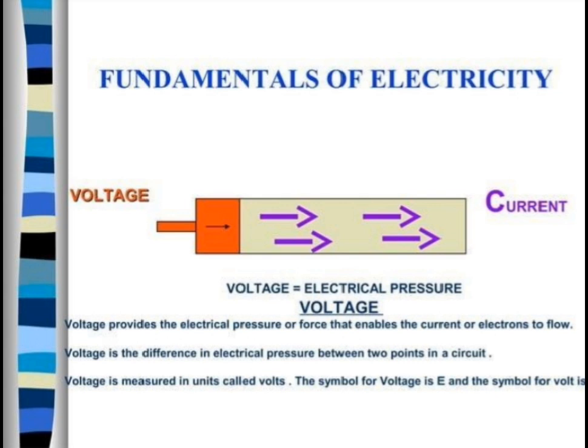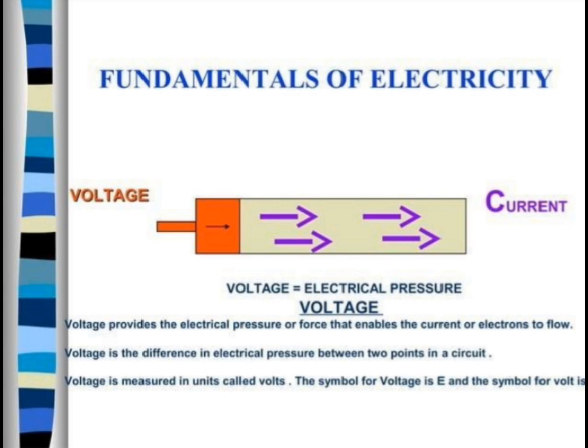And now let's proceed to the fundamentals of electricity. When we say fundamentals of electricity, these are the basic components and electrical devices needed to generate electricity and to function well. These are the voltage, current, resistance, and etc. So let's discuss first what is voltage.